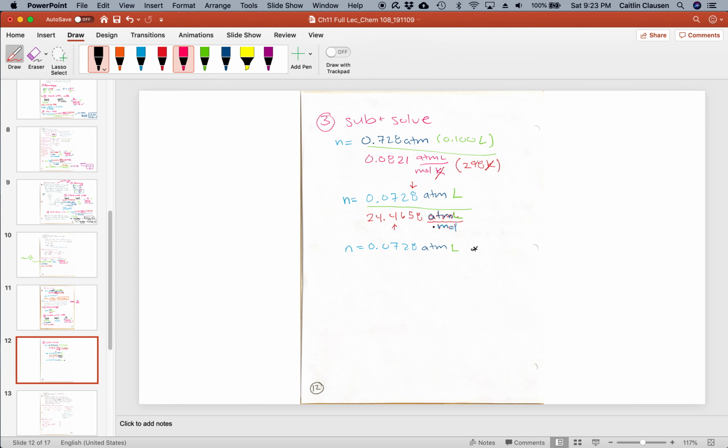We don't write the 1, but it's there. So I'm going to write 1 mole up here. So the moles are now the numerator, and on the bottom we have this 24.4658 atmosphere liters. This is an algebraic property. You can look it up. But I'm just trying to show you this is why we can cancel atmospheres and liters when we're up here.